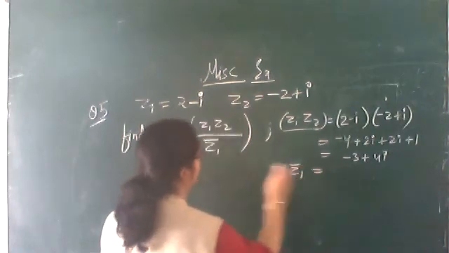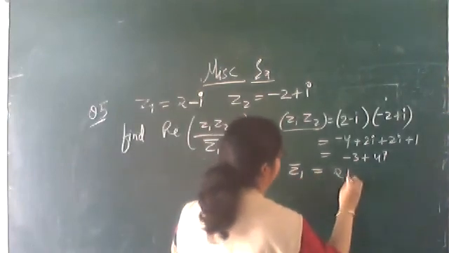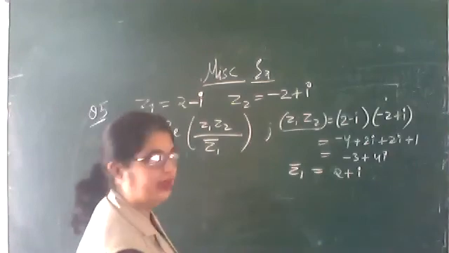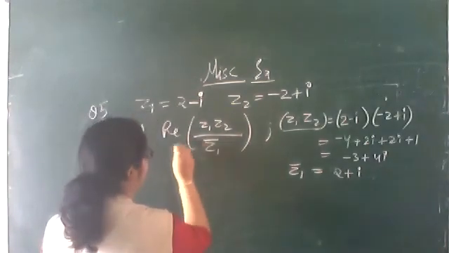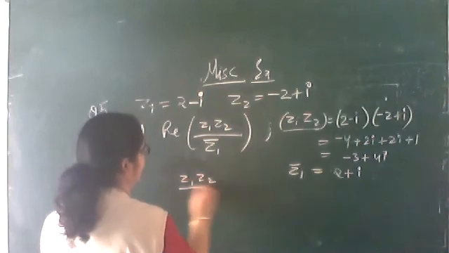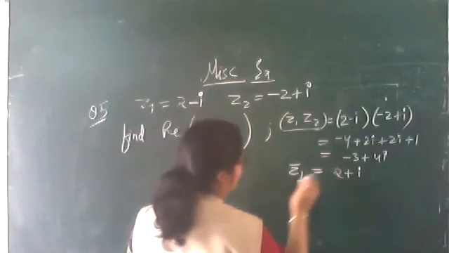And then Z1 conjugate. Z1 conjugate is equal to what? If Z1 is 2 minus iota, Z1 conjugate will be 2 plus iota. Now here we have to find the real part of this. So first we will find Z1 Z2 by Z1 conjugate. Put the values.